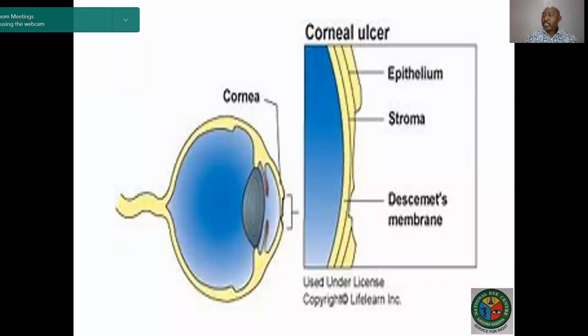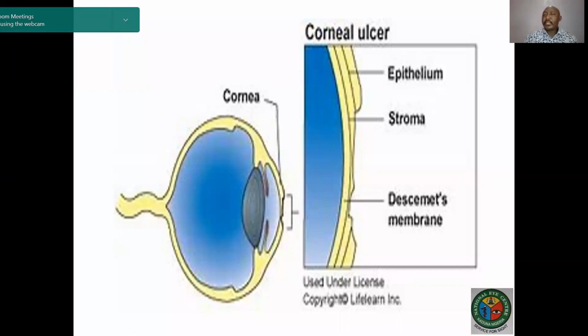If the ulcer goes beyond the Bowman's and stroma layer, eventually it heals as a scar. The natural course of the disease is such that if the infection is curbed, healing will occur without sequelae.